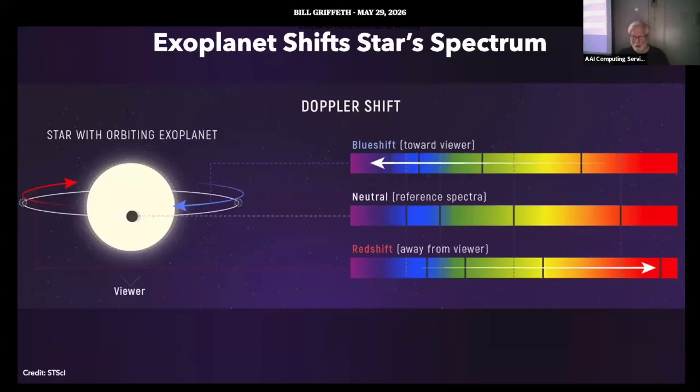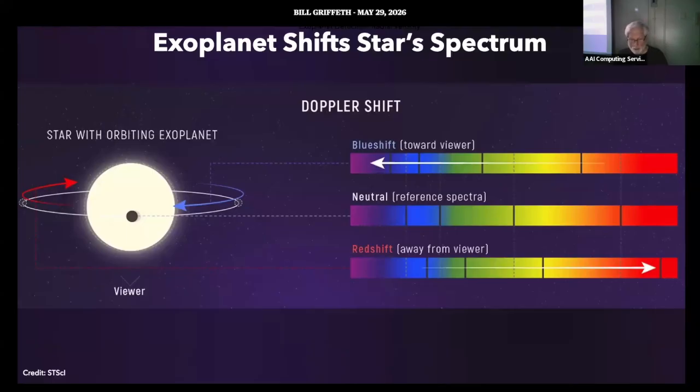Okay, now we're going to talk about one of the two methods of discovering exoplanets. The one we're not going to talk about is called the transit method, which requires a planet to pass in front of a star and thus dim its light a little bit. This other method works even when the planet is not between us and the star.